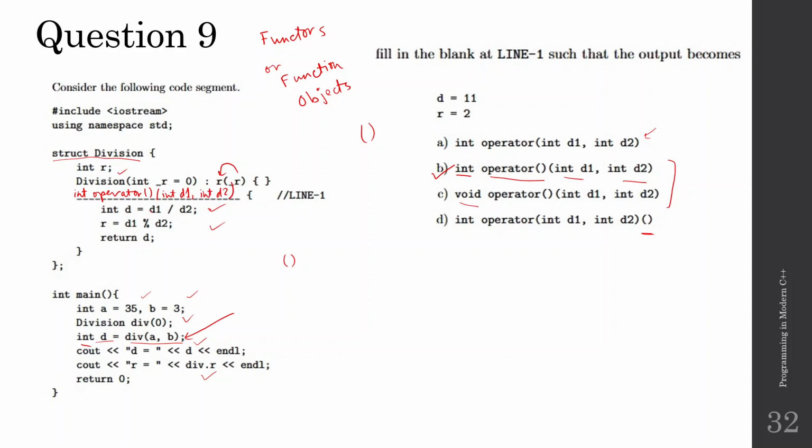After doing this, division will be performed and the quotient and remainder will be there, which can be printed. So does anybody have any questions on this question?